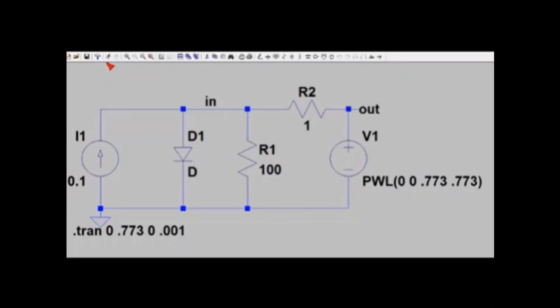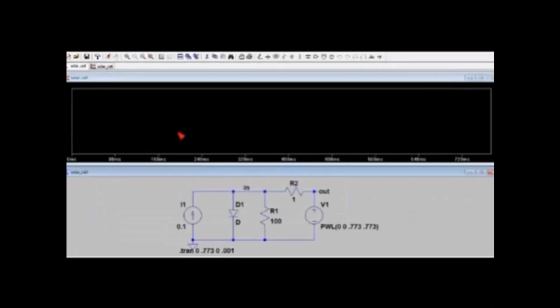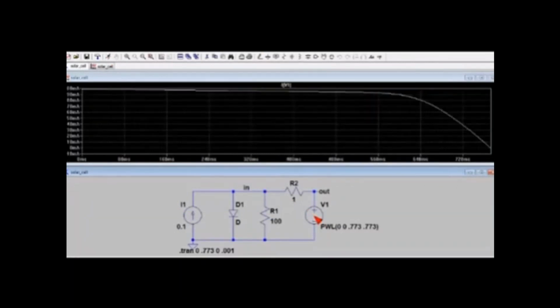Let's do a run here. And let's take a look at this current voltage characteristic of the solar cell. So here we see a current axis. This is the current in the solar cell. We have a maximum current in this particular solar cell of about 100 milliamps.